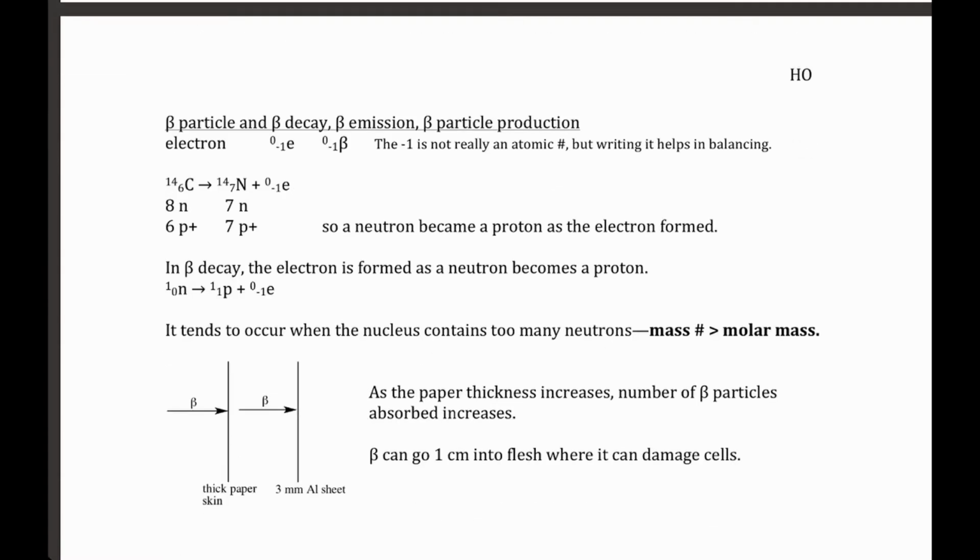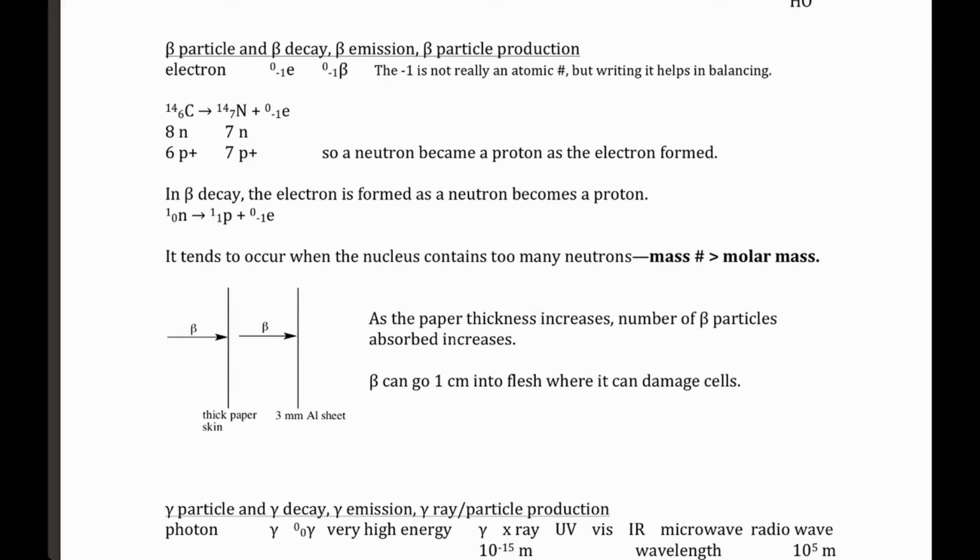Okay, next, beta particle and its process, which we could call beta decay or beta emission or beta particle production or some other name. It turns out the beta particle is an electron. We can symbolize it as I've done there, e with subscript -1, superscript 0.